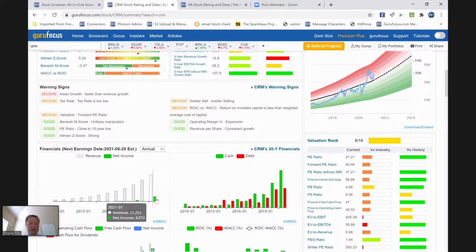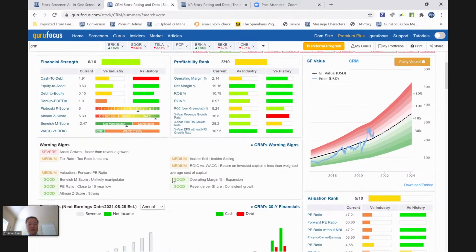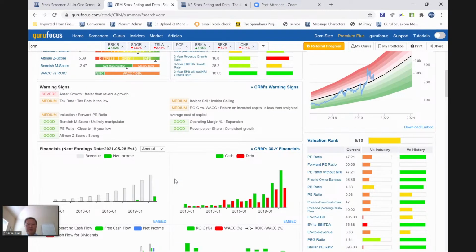It made money for the last fiscal year, but the earnings have not been stable. So I personally don't like that company. I like more predictable companies with predictable earnings.